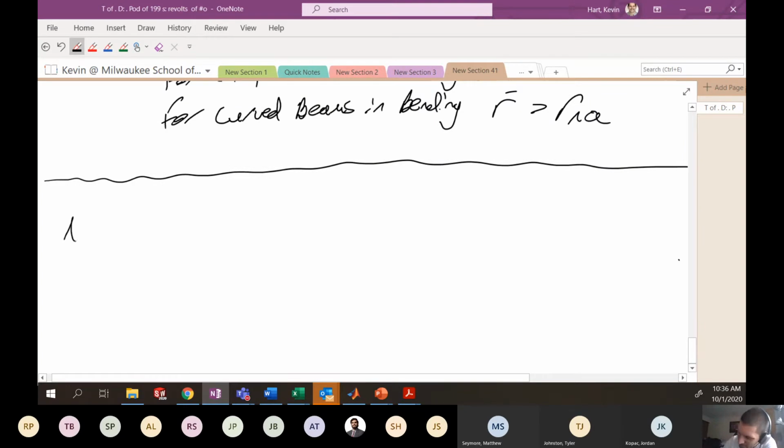All right, so now stress in a curved beam. Same idea.